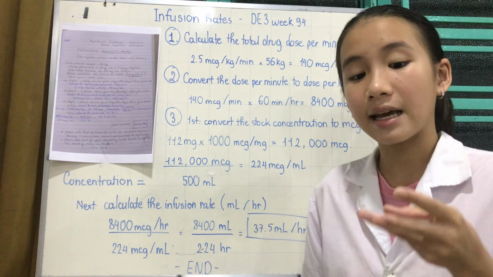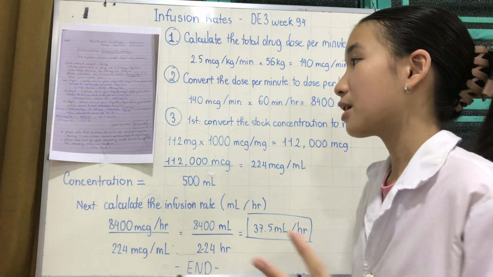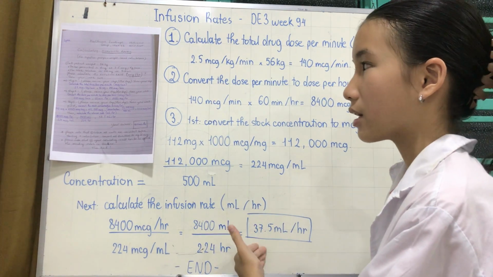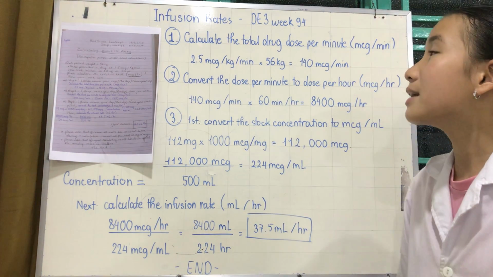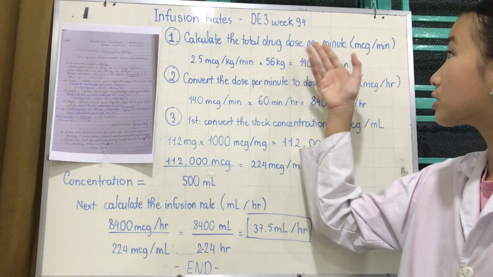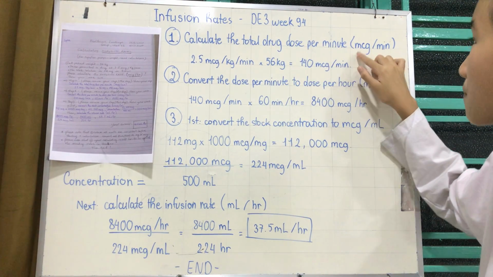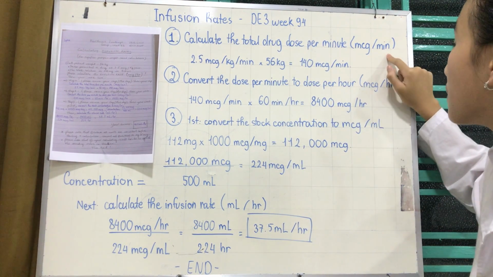So Mrs. Pratt gave us 3 main steps, and we need to find those steps in order to get to the result. So my first step is calculate the total drug dose per minute. So drug dose per minute is micrograms per minute.